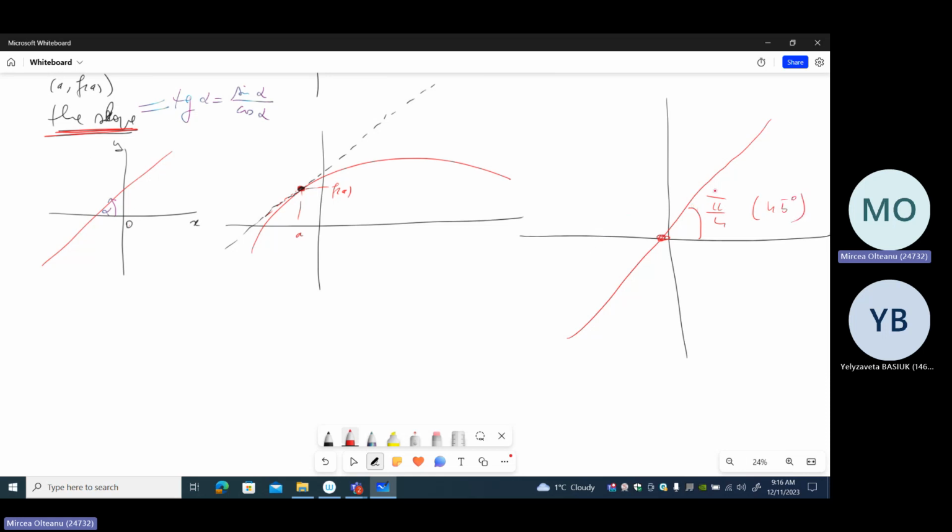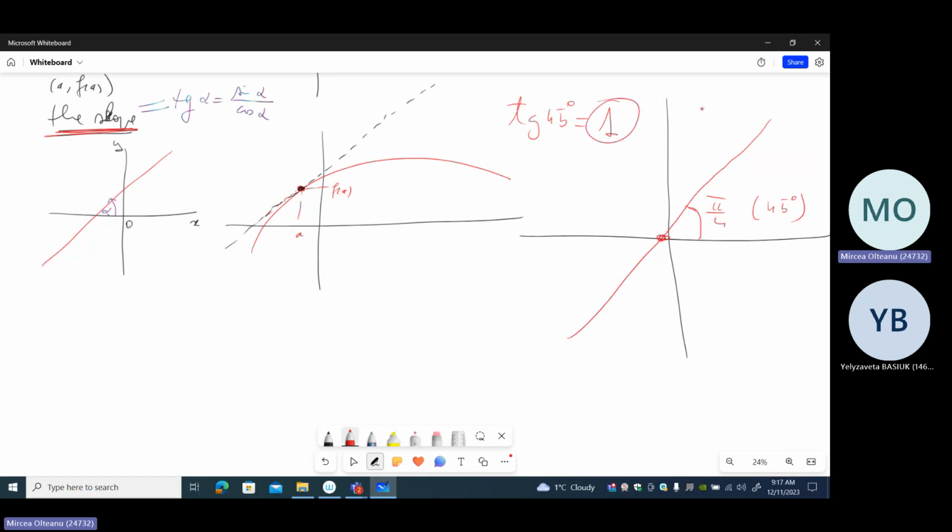Tell me, can we compute the slope of this straight line? It's the tangent of 45 degrees. Do you know the value of the tangent function at this angle? It's 1, very well. So this straight line has the slope 1.